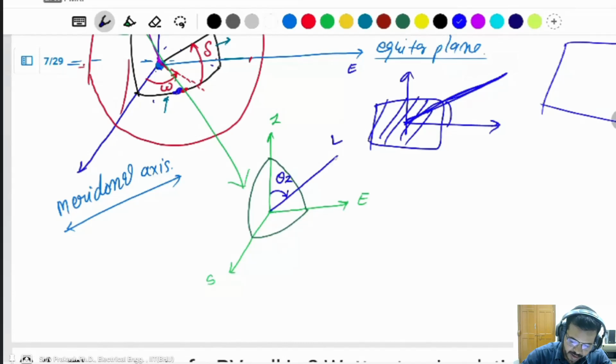Then this will be the angle at the top of the earth, and this is also above the earth.